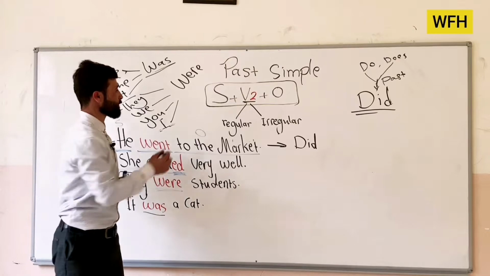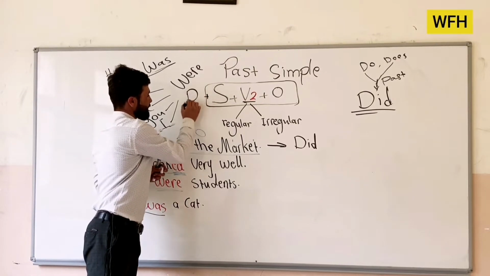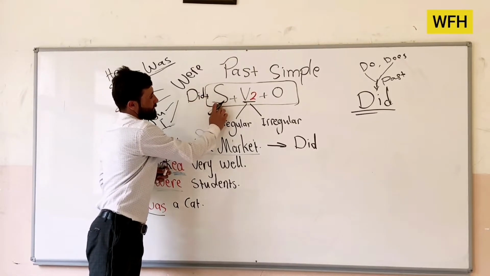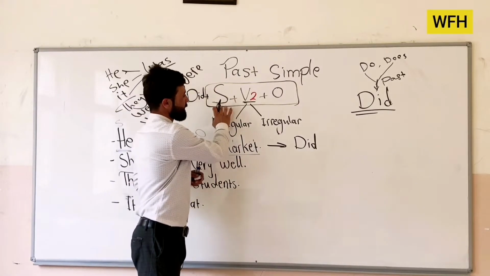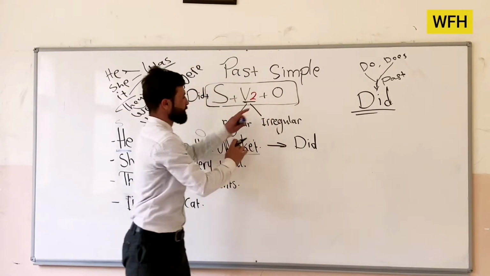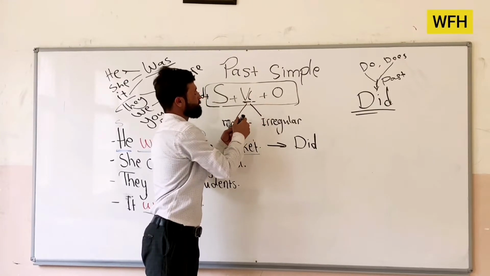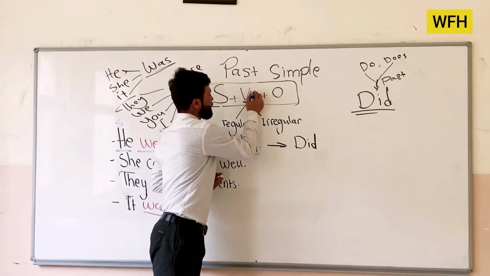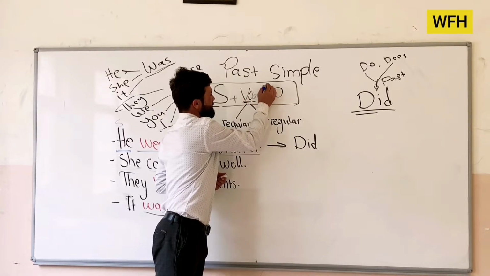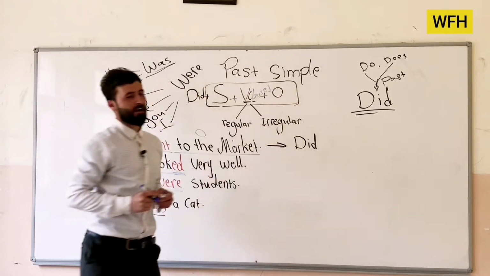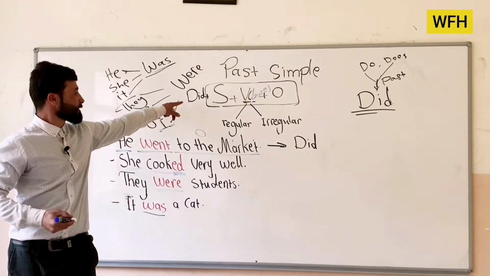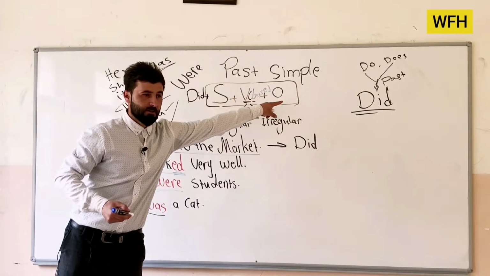So the rule is: did, then the subject, and after that the verb, but the verb is going to be in base form. And after that we will have the object. Did, subject, base verb, and object.